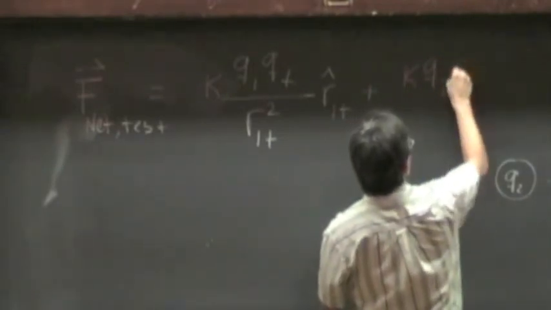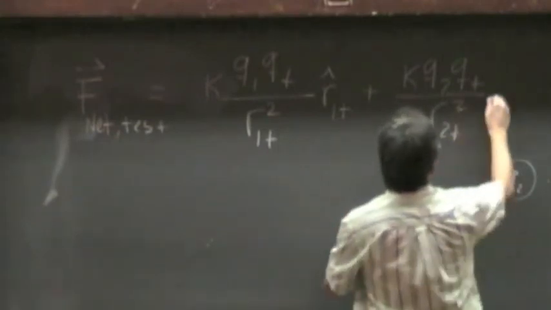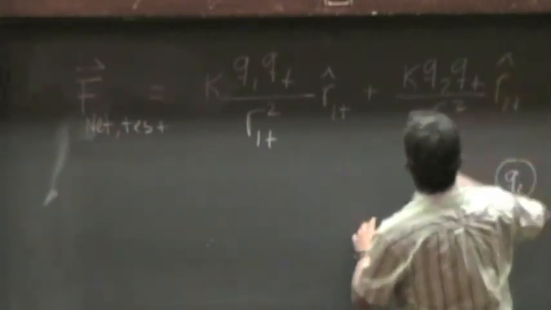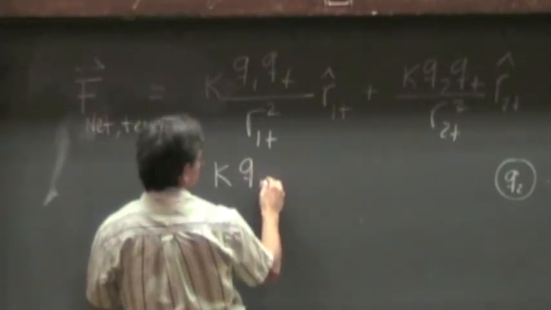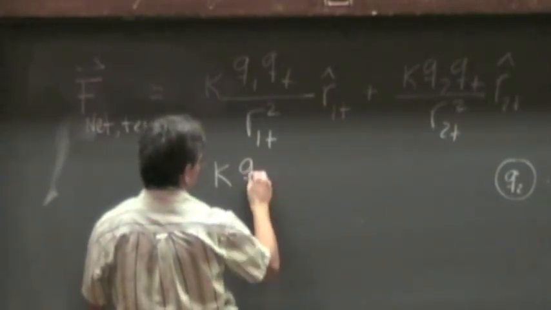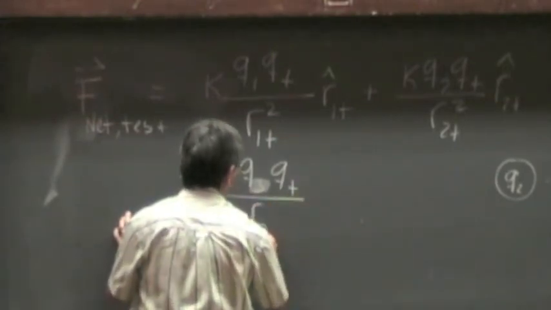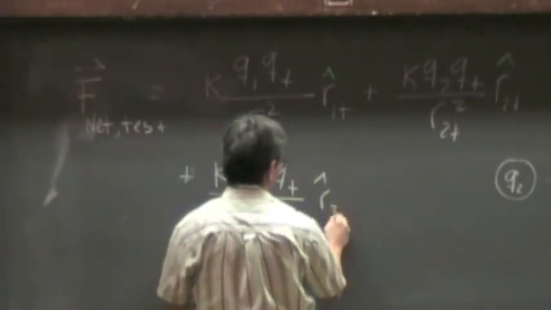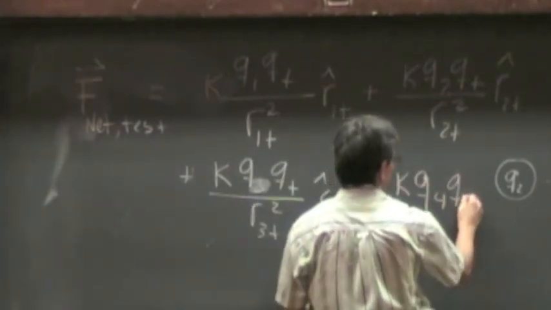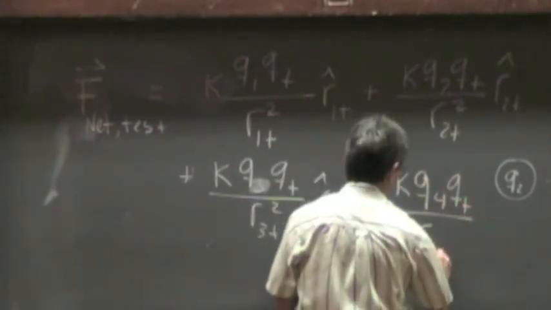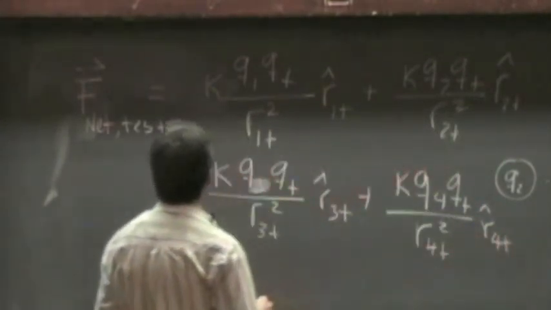Plus K Q2 Q test divided by R2T squared, R2T unit vector, and Q3 Q test divided by R3T squared, unit vector 3T, and the last term, 4 Q T over R4T squared, unit vector 4T. That's what we wrote, right?